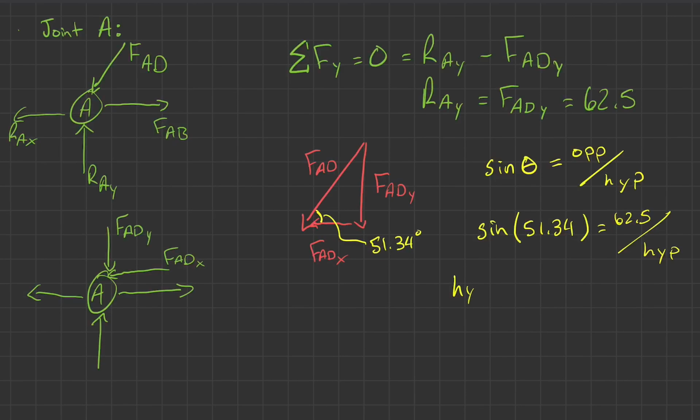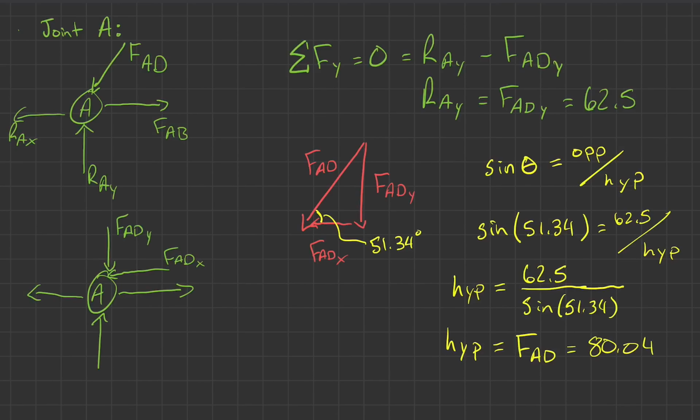You get that your hypotenuse is going to be equal to 62.5 divided by the sine of 51.34 degrees, right? And then you get your hypotenuse, which is equal to FAD, is equal to 80.04. Okay, so we have just solved all of our internal forces.